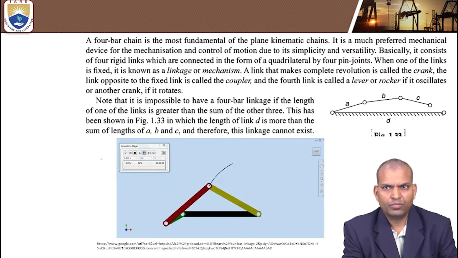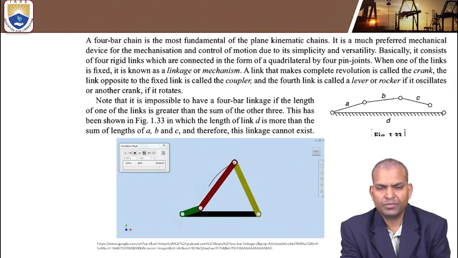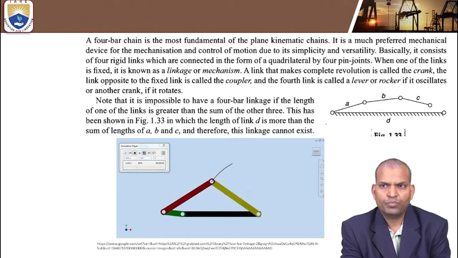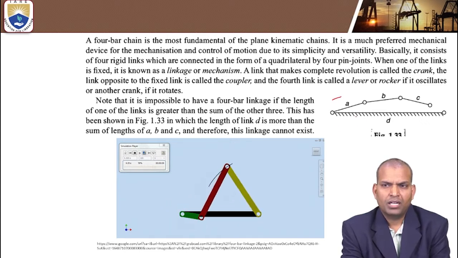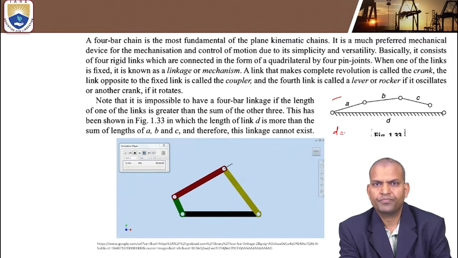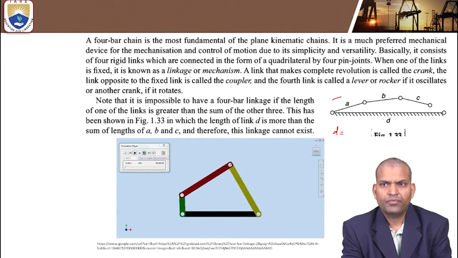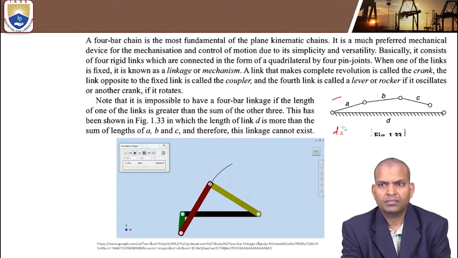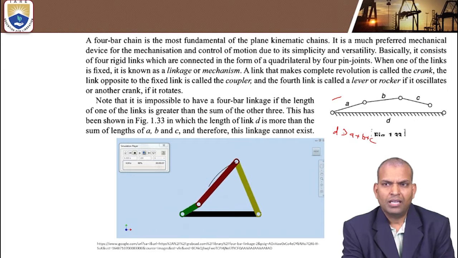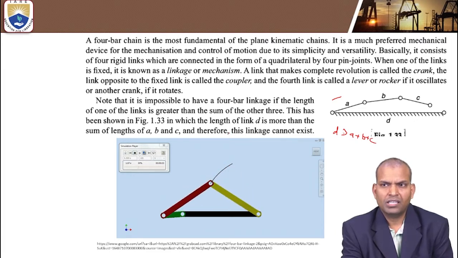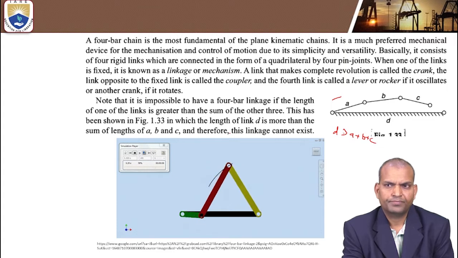Here, figure 1.33 indicates that the length of D is equal to the sum of A plus B plus C. If D is more than A plus B plus C, this type of linkage cannot exist.